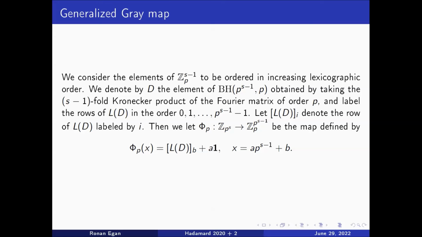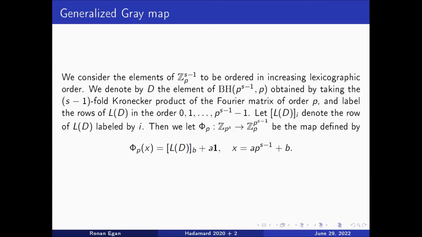And then we're going to be using this matrix as kind of a tool in our inflation. And the way we do it is we take some element in Z_p to the s. We extend this to a vector that just has entries in Zp, but as long as it needs to be, p to the s minus 1. And we define the map like so, where we take whatever the number x is in Z_p to the s, write it uniquely as some multiple a of p to the s minus 1 plus a remainder b.